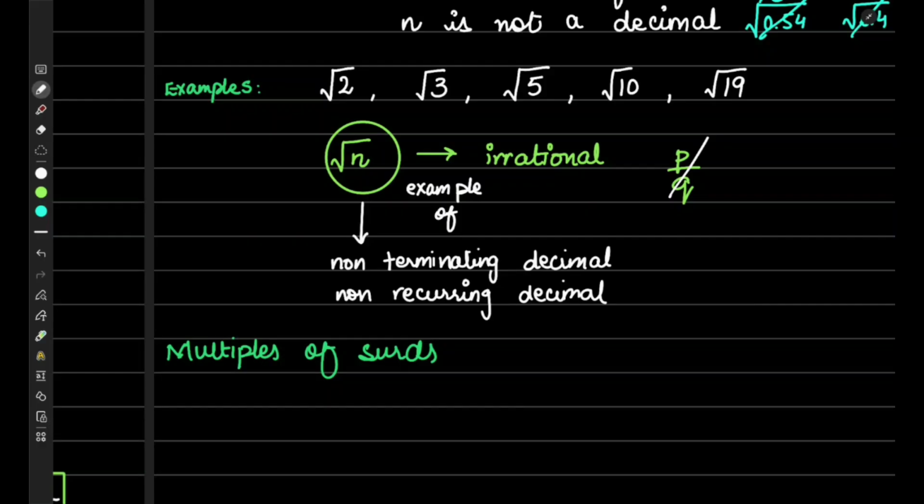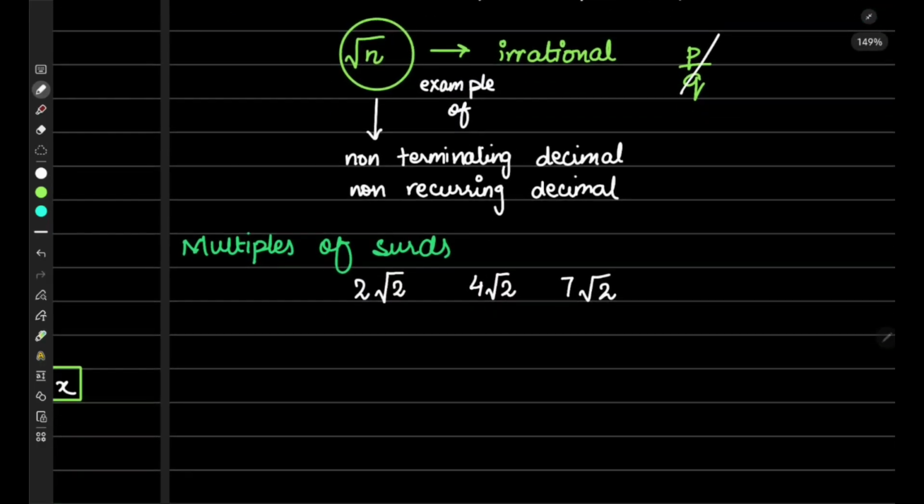Now, next thing, what about the multiples of a surd? Multiples of a surd means like 2 times root 2, 4 times root 2, 7 times root 2. These are just multiples of root 2, or 5 times root 3, 12 times root 3, or 19 times root 29.